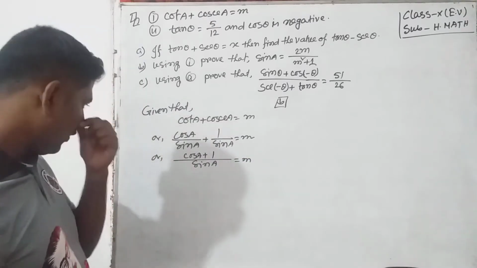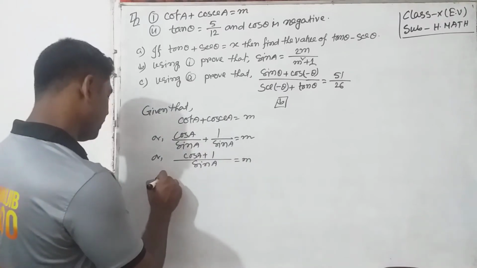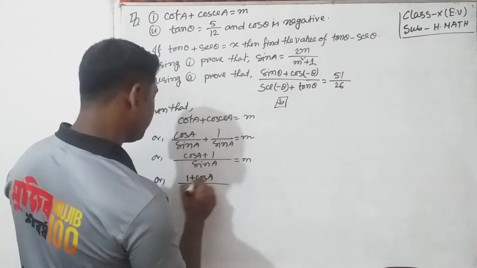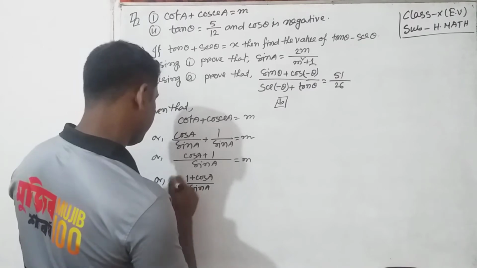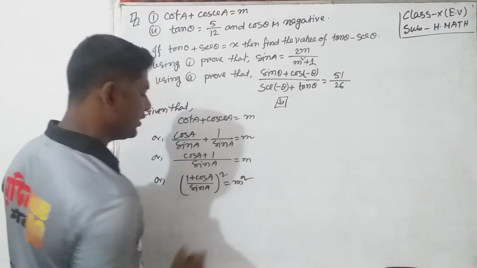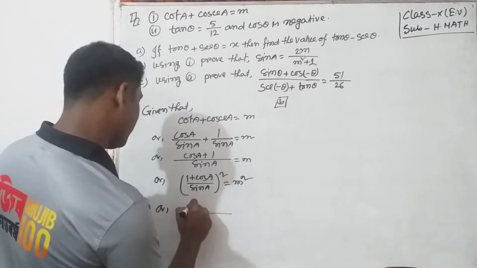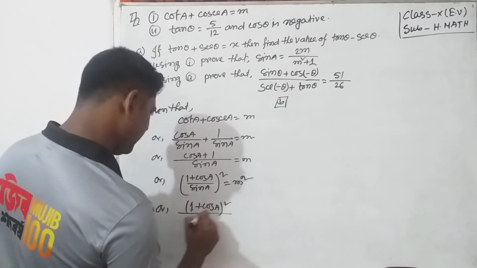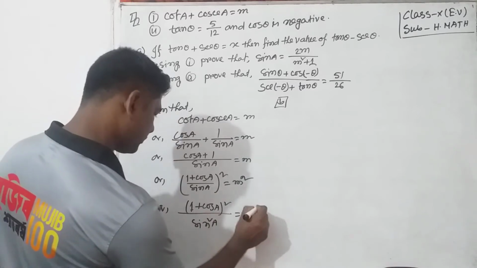Okay, now squaring both sides. We can write 1 plus cos A by sin A, whole square equal m square, or 1 plus cos A whole square by sin square A equal m square.